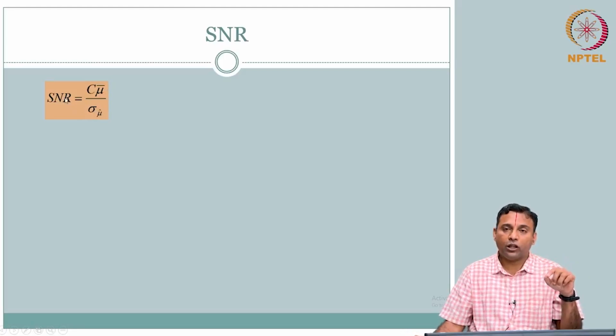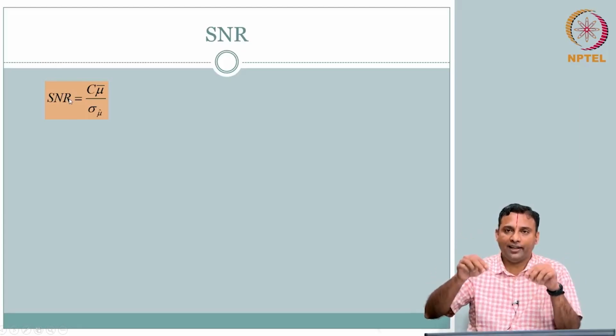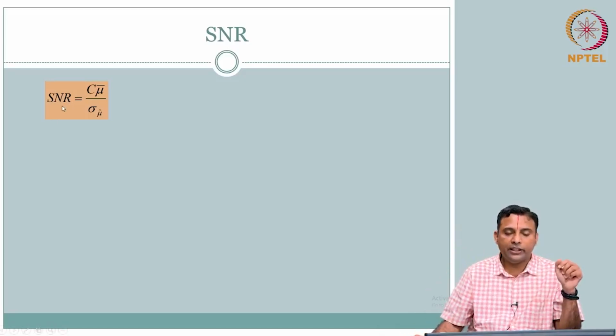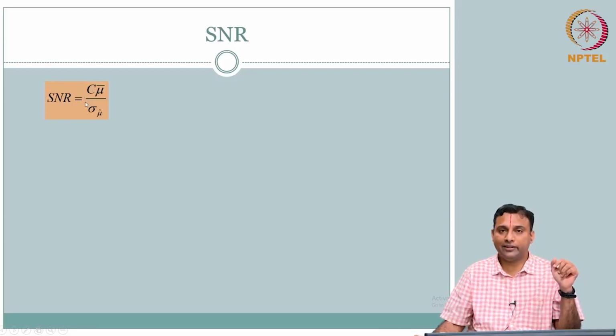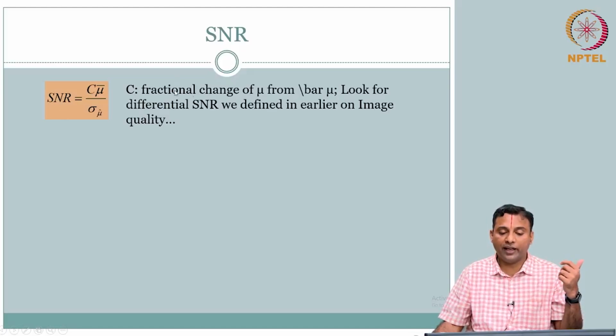However, we talked about this local differential signal to noise ratio when we covered image quality. Because our interest is in looking at image contrast, the signal to noise ratio can also include your C, which is contrast. So it's a differential contrast. Differential signal to noise ratio is what we are practically interested in. And this C is nothing but your differential contrast, the fractional change of mu from mu bar.